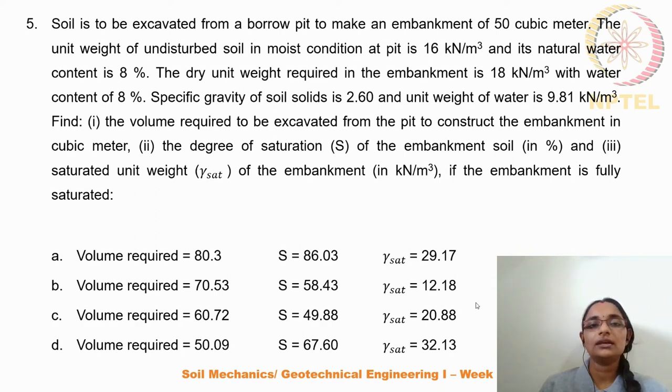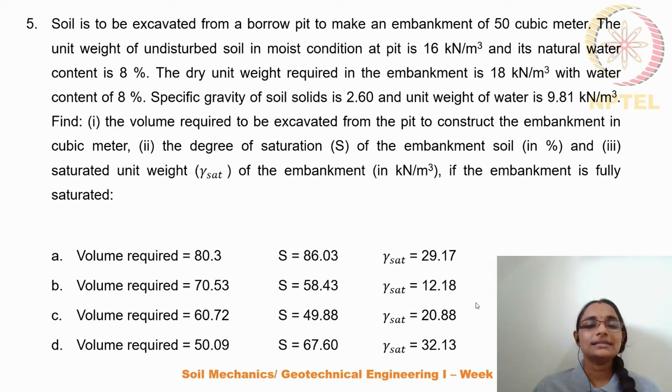Now the specific gravity of soil solids is 2.6 and unit weight of water is 9.81 kilonewton per meter cube. Find the volume required to be excavated from the pit to construct the embankment in cubic meter. Second question, find the degree of saturation of the embankment soil in percentage. And third question, saturated unit weight of the embankment if embankment is fully saturated.